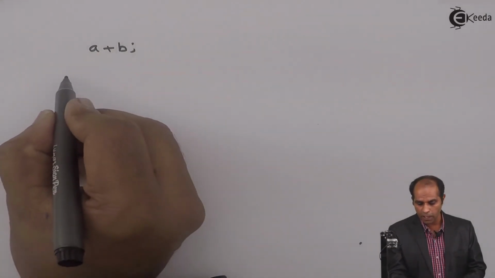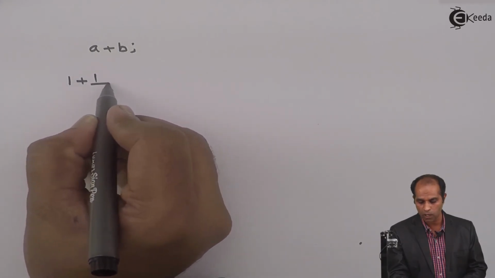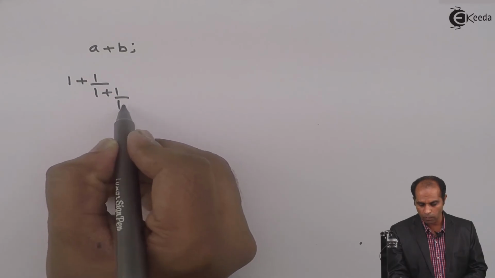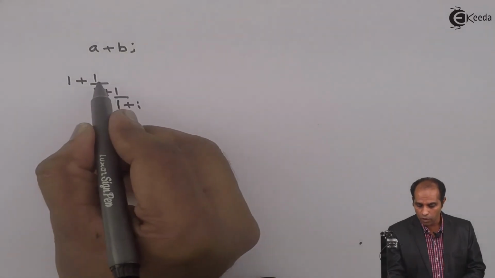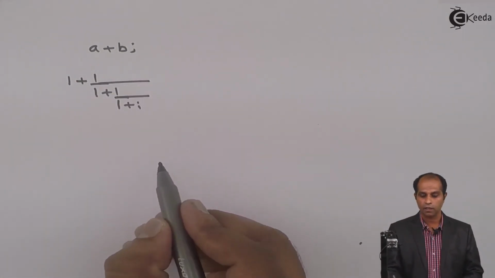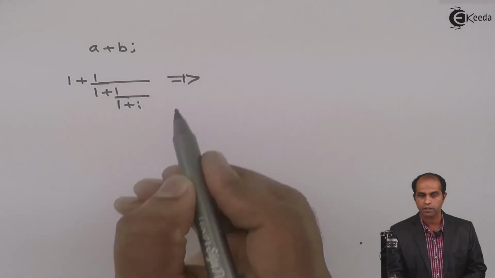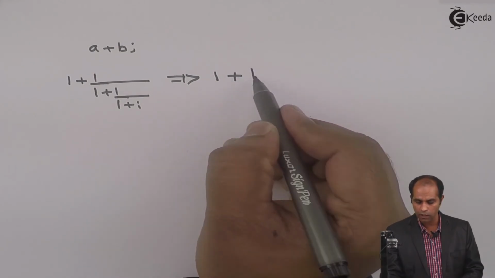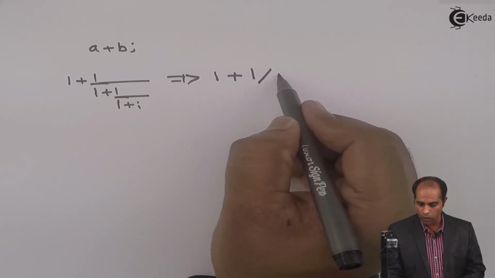Suppose I had to increase the priority of the operators: 1 plus 1 divided by 1 plus 1 divided by 1 plus I. Now, don't translate this instruction directly. Try a logic based approach. How to do this? 1 plus 1 slash, again 1 plus.